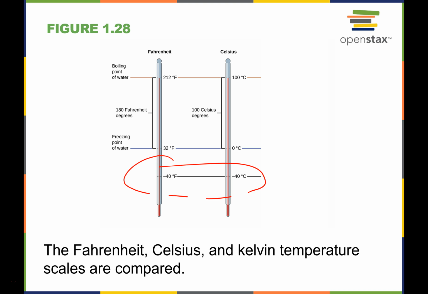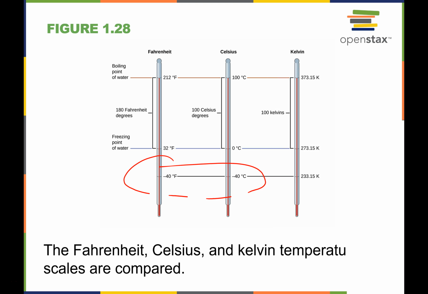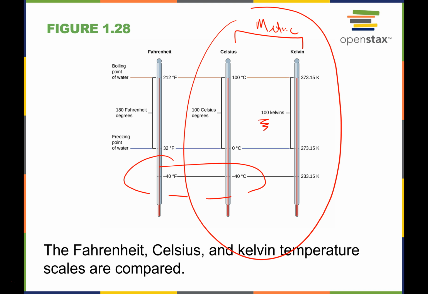So another temperature scale we need to talk about is the Kelvin temperature scale. Now the Celsius and the Kelvin are directly related. They are both, I'll put M here for metric, they are both metric. And they are offset by 100 units. So in chemistry, I said we're really going to be dealing with Celsius.